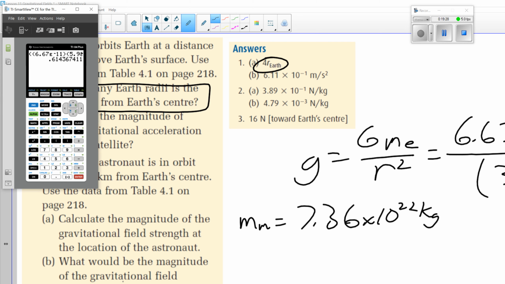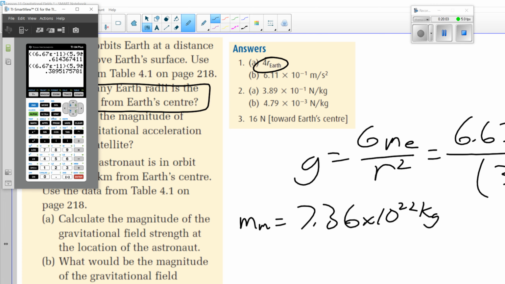If we want to shortcut that on our calculator, we'll just go 3.2, 0, and it's 7, not 6, and we'll delete everything else. 0.389 newtons per kilogram should be our answer there.